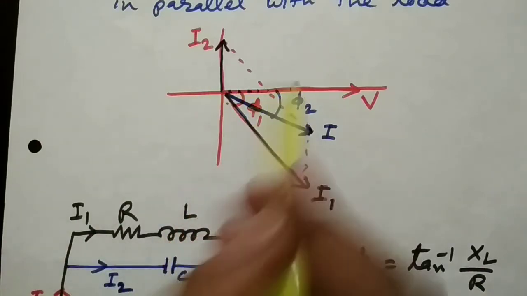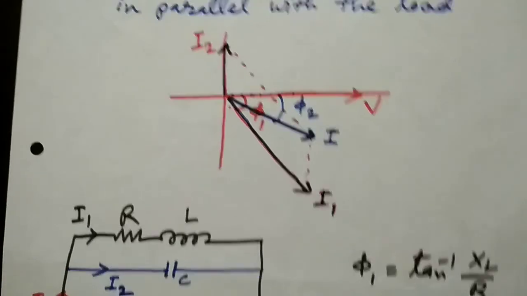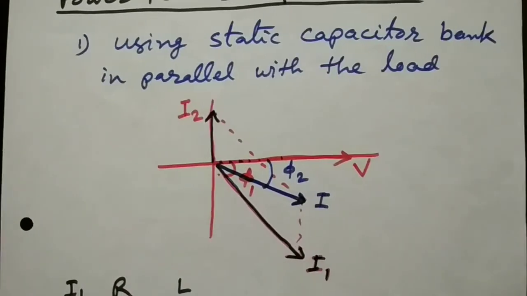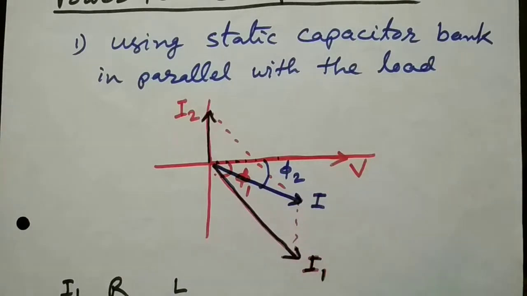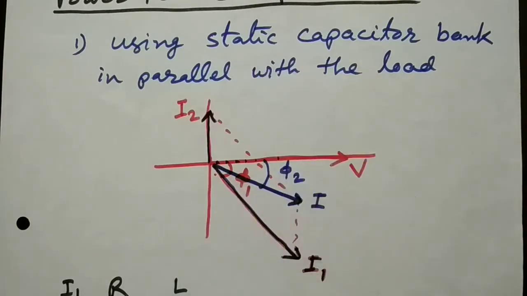In this case, the power factor will become 1. Therefore, using a static capacitor bank connected in parallel with the load, we can easily improve the power factor of the circuit.